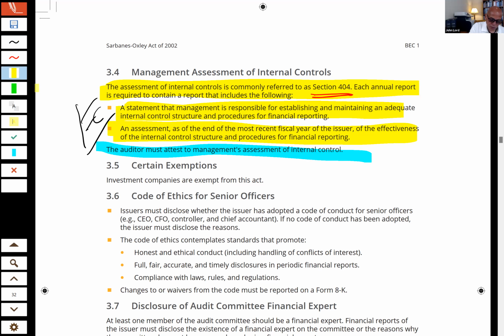Code of ethics for senior officers. Entities in general should have a code of ethics. I was on an assignment some years ago looking at corporate credit unions.